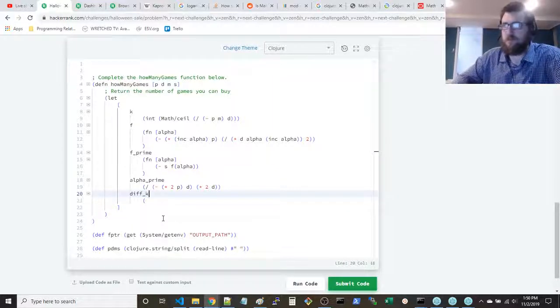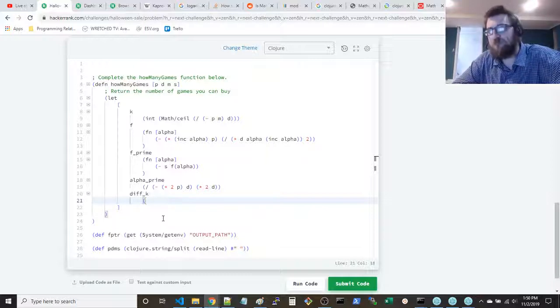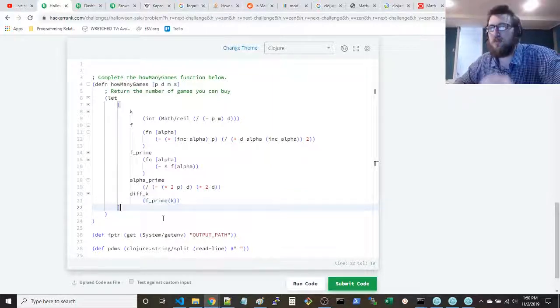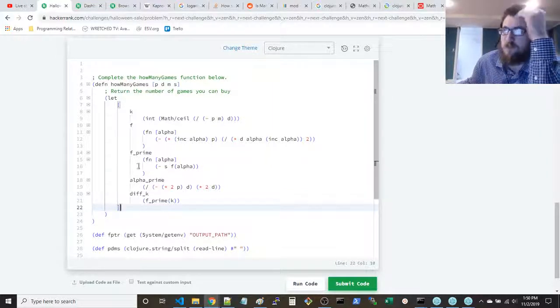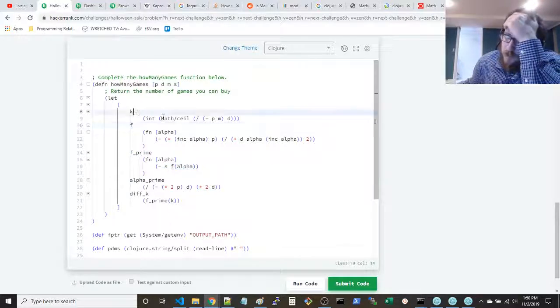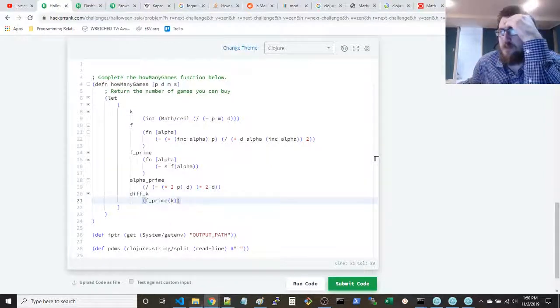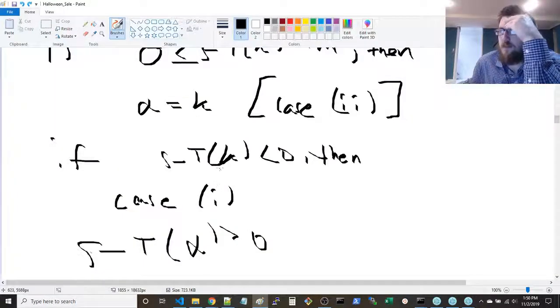I don't really know what to call this, but it's going to be F prime of k. So this function F prime of k, this value, is diff k. If that is less than 0, then we're going to be in case 1.